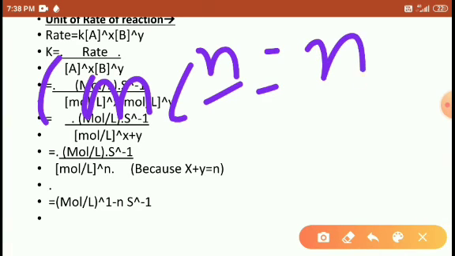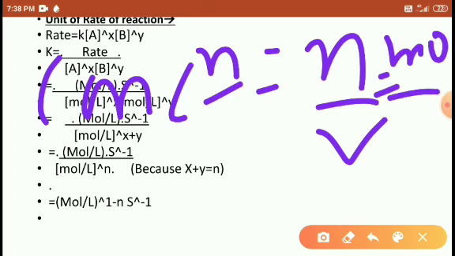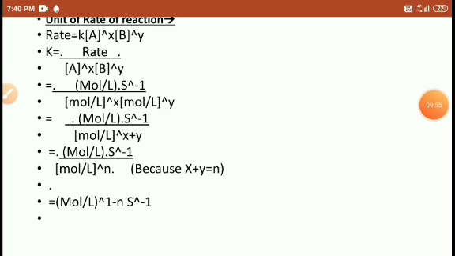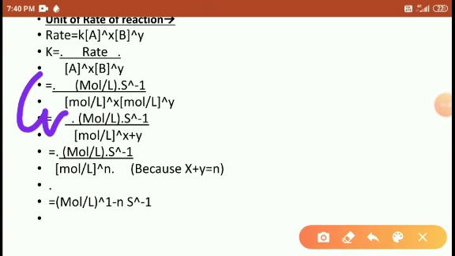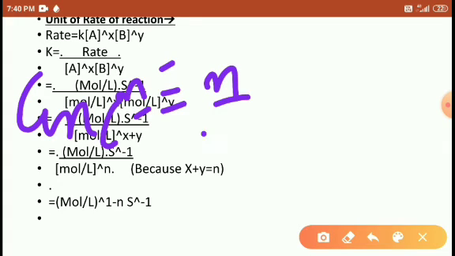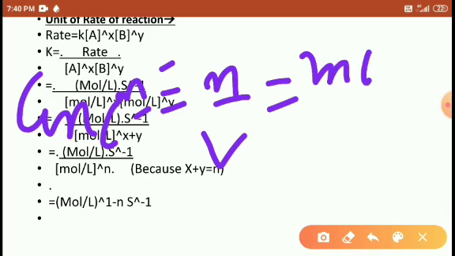Concentration means moles by volume, moles divided by liter. So here, students, the concentration means moles by volume, where volume is taken as a liter, right?